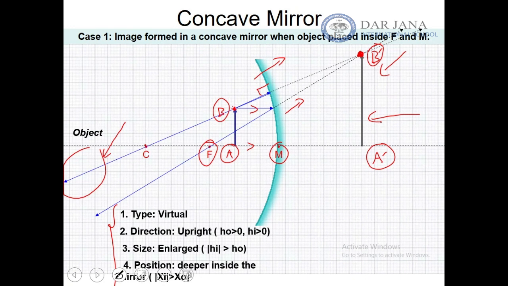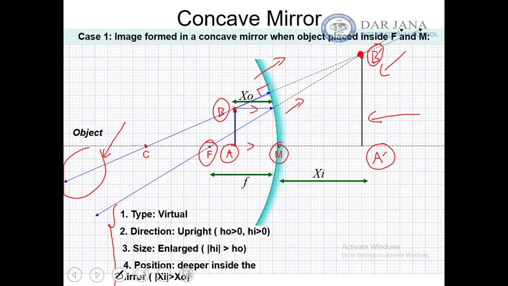Virtual means the distance from the image to the mirror should be negative. This is xi. Xi is the distance from the mirror to the image. F is the distance between the focal point and the mirror. Xo is the distance between the object and the mirror.